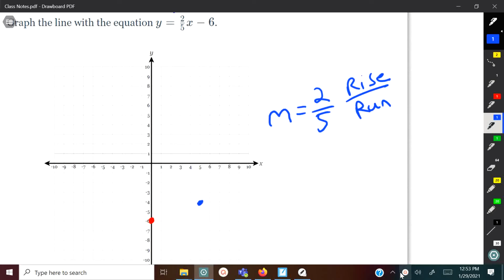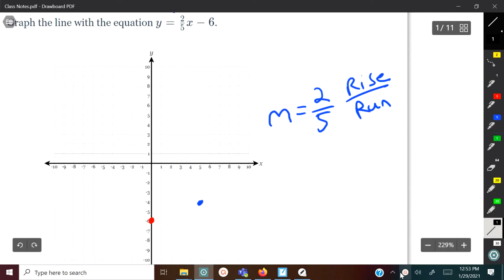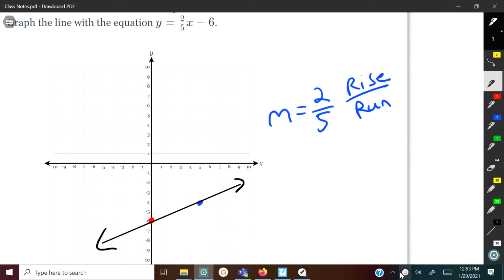And as soon as you have 2 points, now you can make your line. It's pretty simple.